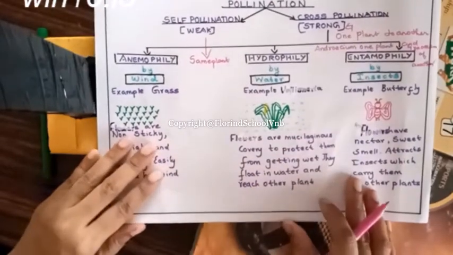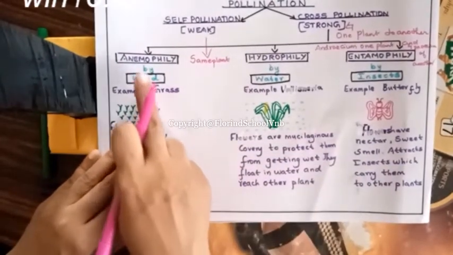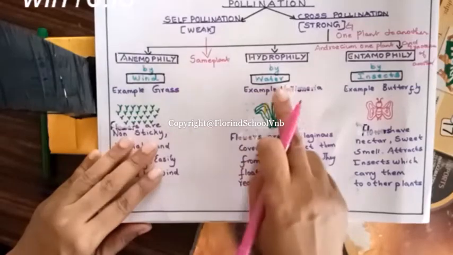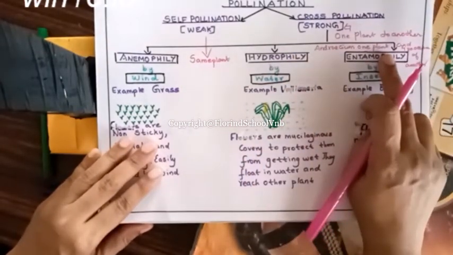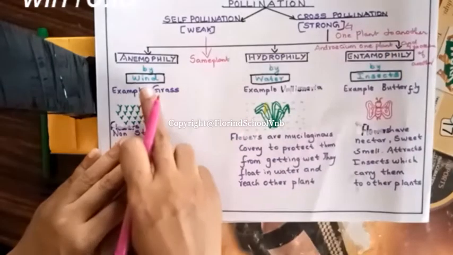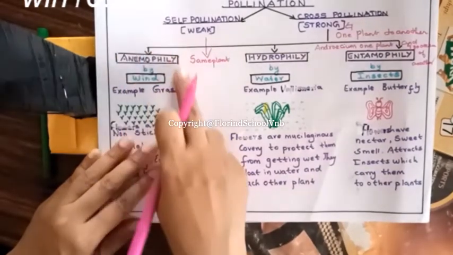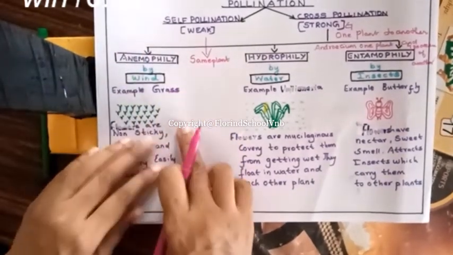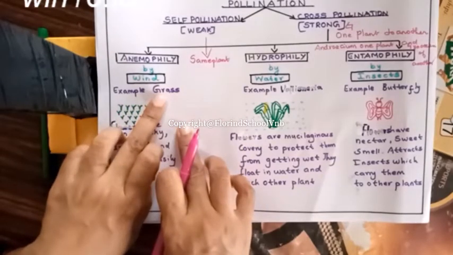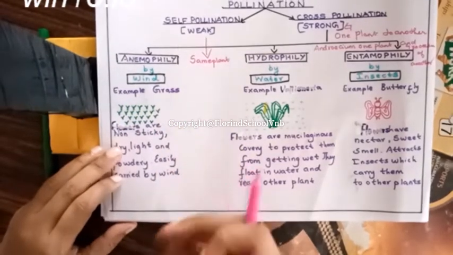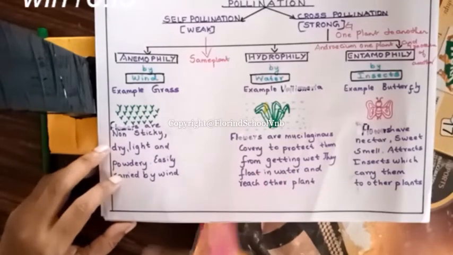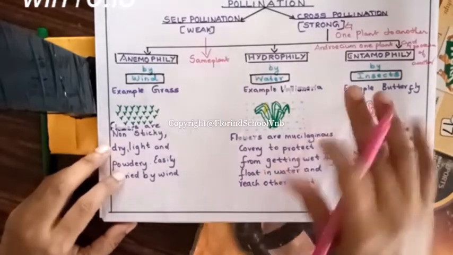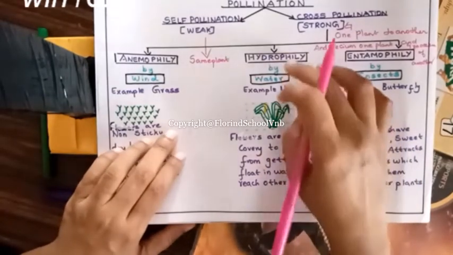Cross-pollination occurs by means of wind, which is called anemophily, water, which is called hydrophily, insects, which are called entomophily. Animals also cross-pollinate. A good example is grass. The flowers of grass are very light and powdery, so they are easily carried by the wind.